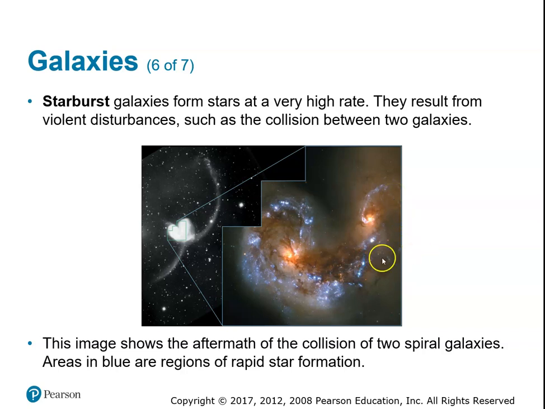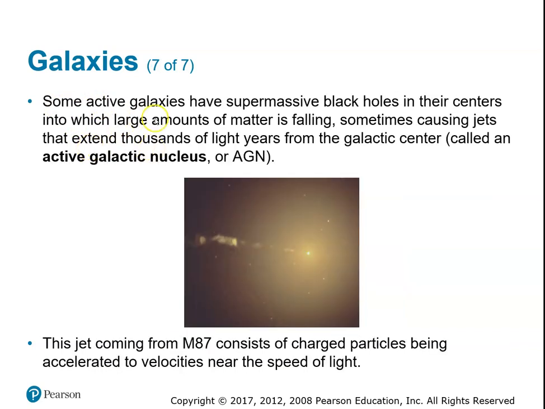For example, in the belt of Orion, there's the Orion Nebula, and there are hundreds perhaps of stars coming from it. So when you have two galaxies colliding, all that gas and dust gets disturbed and begins to gravitationally collapse, and you'll have an incredible burst of star formation from those gas clouds. That's called a starburst galaxy.